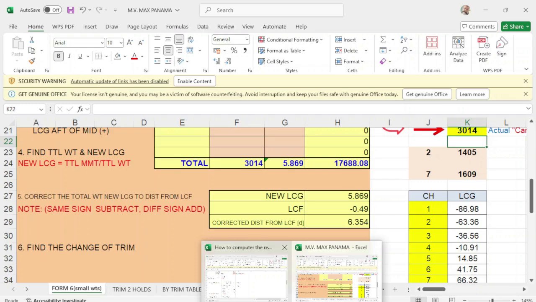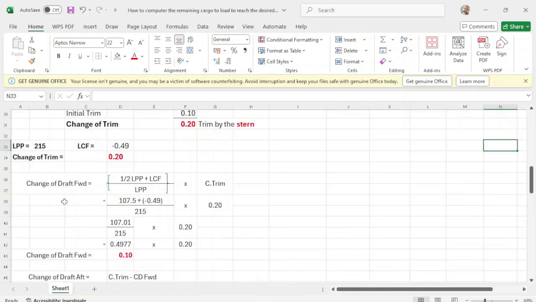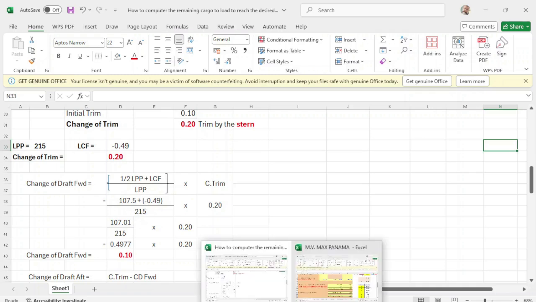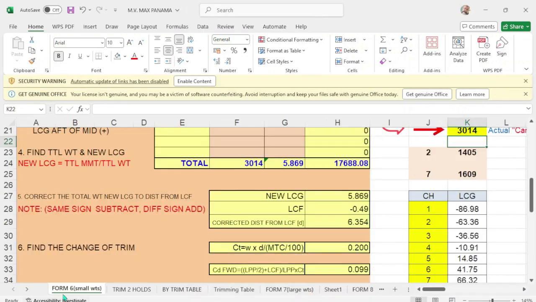That will be number 6. This is the one. Change of draft forward will be 1/2 LPP plus LCF over LPP times your change of trim. Transpose. Your LPP is 215, which is this one, 215. Okay, LPP.